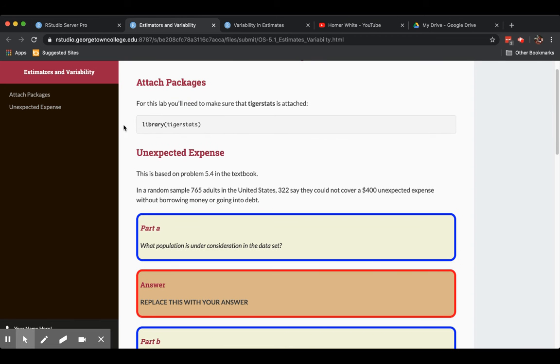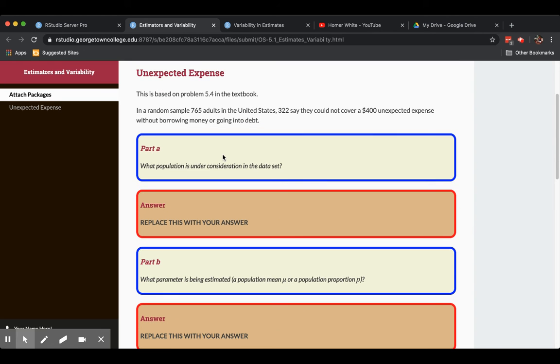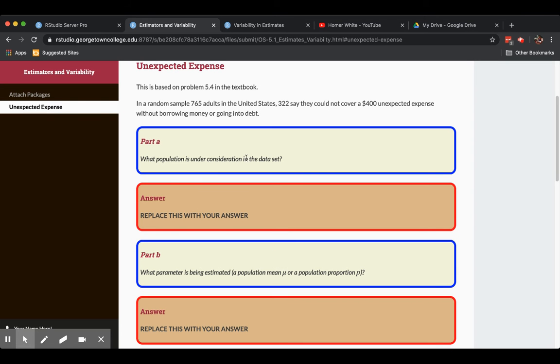Well, it says we need to have Tiger stats attached. I know that I do, so I'll go ahead and look into the one question group called unexpected expense. So it's based on a problem that you can find in the textbook. Here's the scenario.